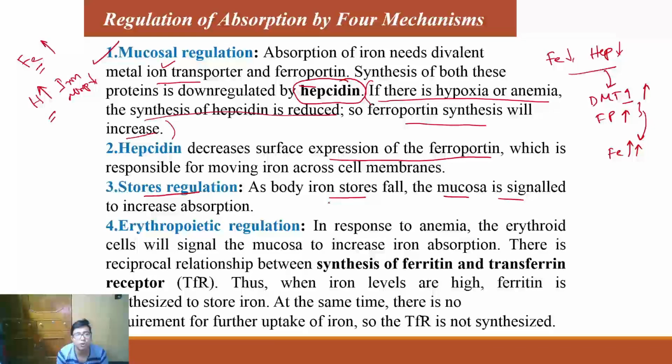If iron is low, as hepcidin level correlates with the level of iron, hepcidin level will also be low. So the hepcidin level will decrease, and that will lead to an increase in ferroportin and DMT1, and that will lead to increased iron absorption.